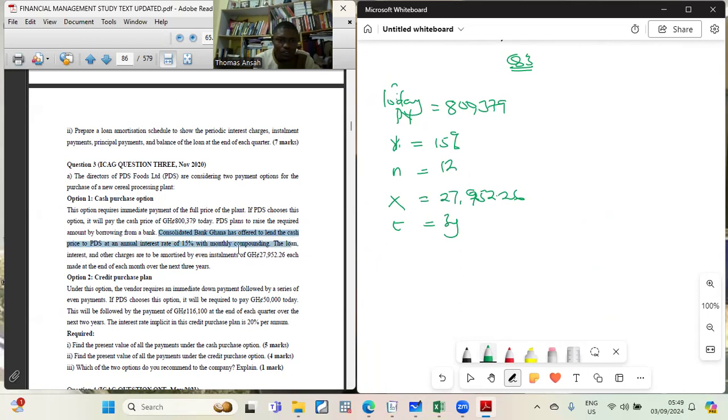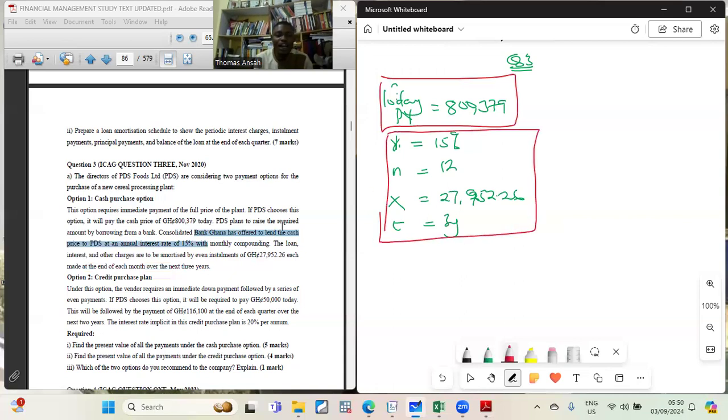If they want to pay, there's 800,000 to pay, but they don't have the money. And so they want to go and borrow from a fund. The loan interest and other charges are amortized on even installments. So it means that they will make a cash payment for this.